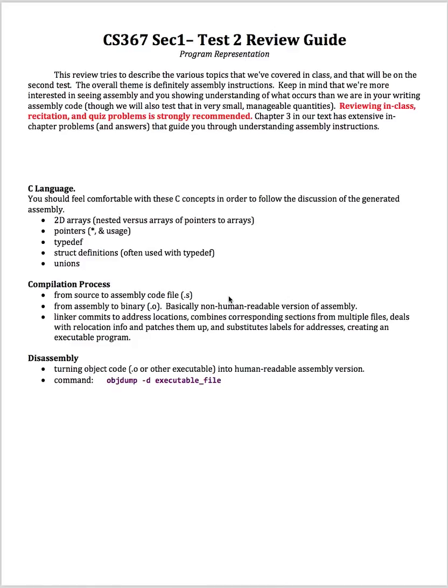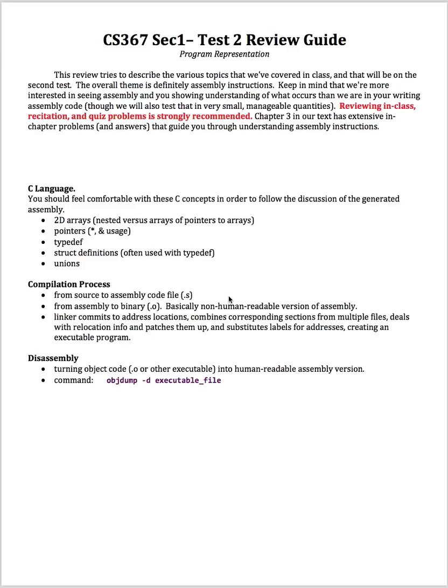So the overall theme of Test 2 will definitely be focused on assembly. Keep in mind that we are more interested in seeing how you understand and read assembly as opposed to writing assembly.